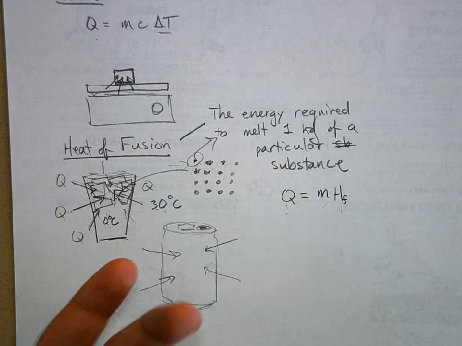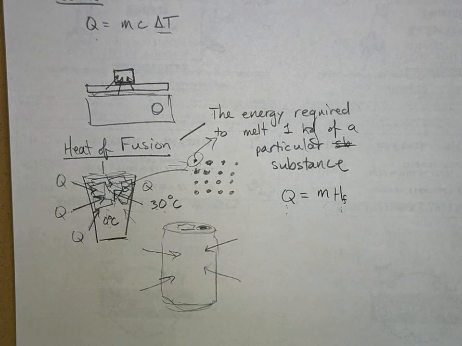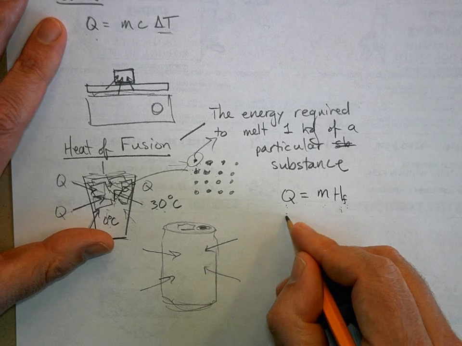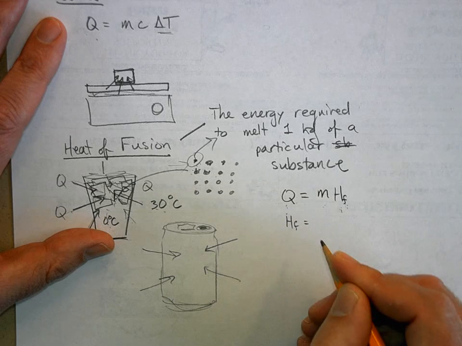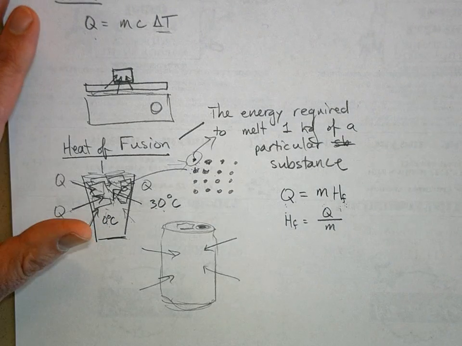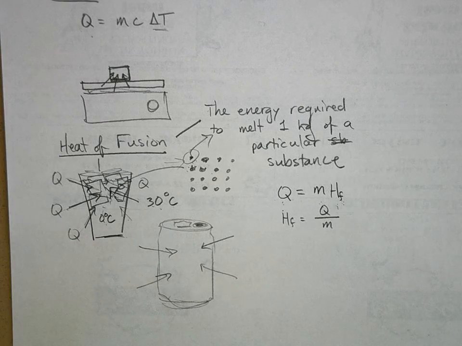Now remember, there's no temperature change here. There's no delta T in this equation. So I can solve for this heat of fusion. H sub F is equal to the heat that I added divided by the mass that actually got melted. Okay?